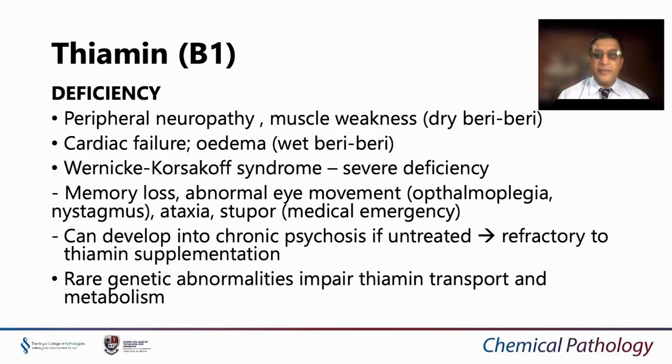It can develop into psychosis if it remains untreated, and Wernicke-Korsakoff syndrome tends to be refractory to B1 supplementation. There are rare genetic abnormalities in thiamine that interrupt transport and metabolism of the vitamin and consequently also result in deficiency states.